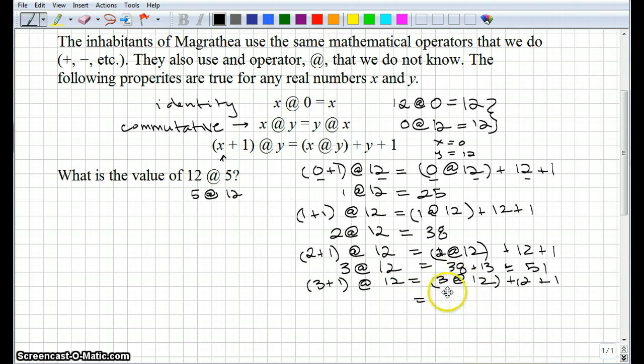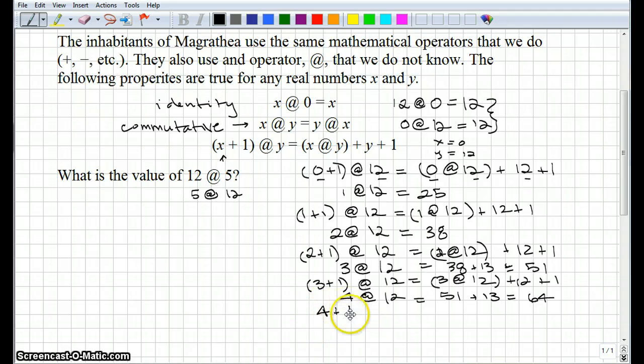So, 51 plus 13 equals what? 64. Right? So that's 4 at 12. Alright, we're almost there. So, let's keep going.